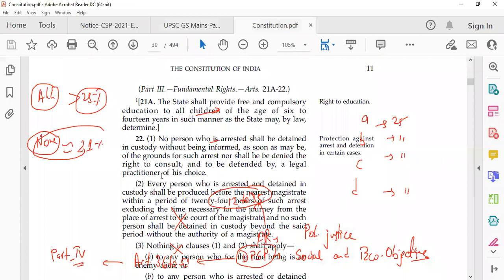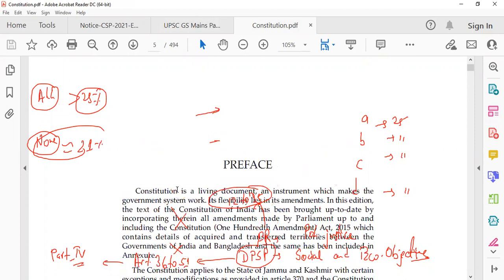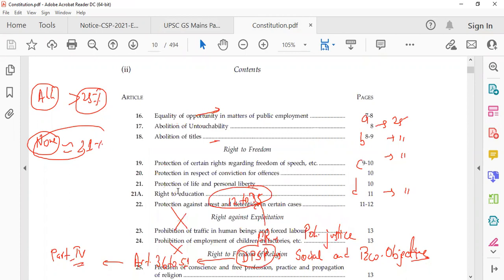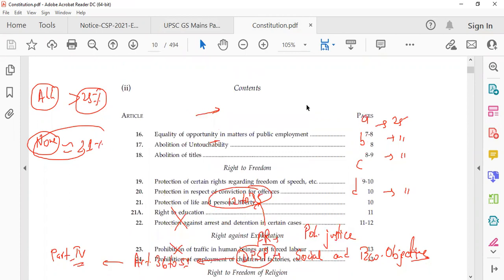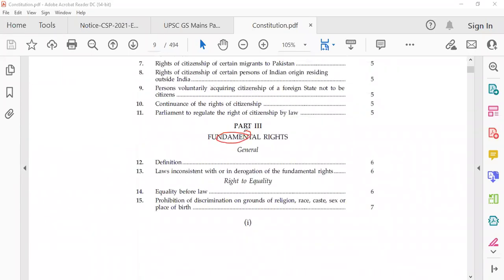So what does it mean? If you see this constitution, what does it mean, political justice and social and economic justice? What is the basic meaning here? So when we say FR promotes political justice, we're talking about fundamental rights.